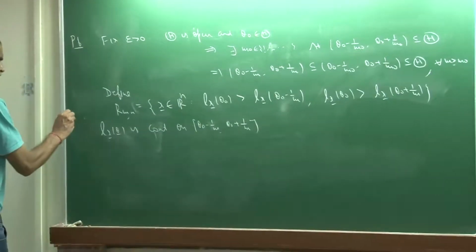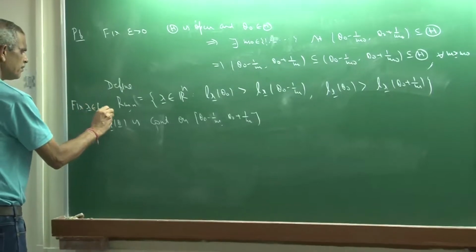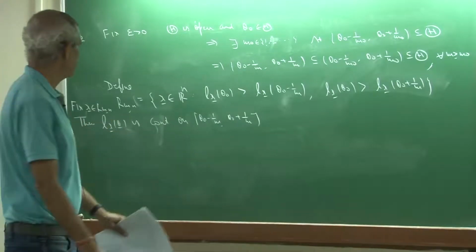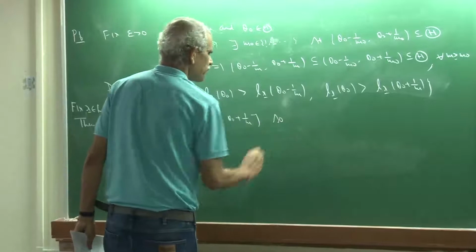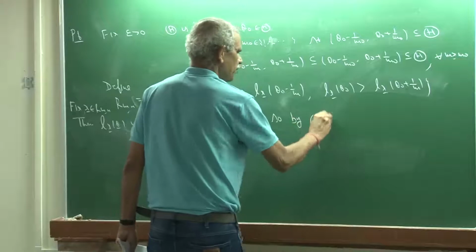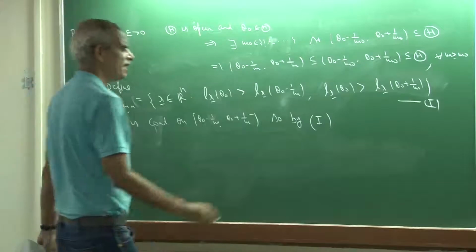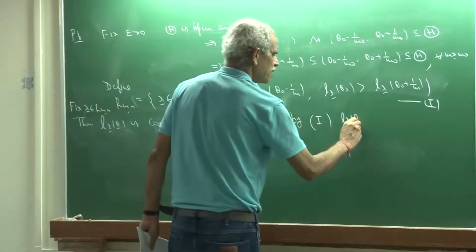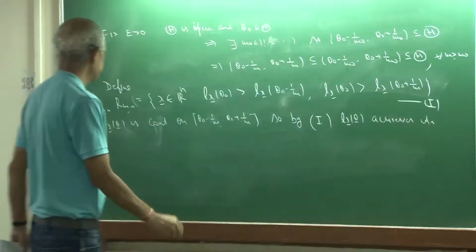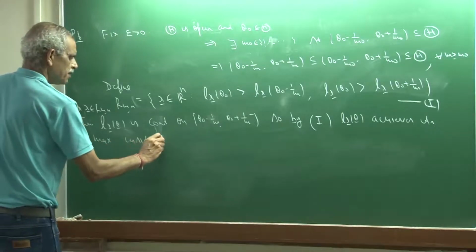So I fix x belonging to R mn. Then L x theta is continuous on this. So by virtue of 1, let me call this 1, L x theta achieves its maximum inside theta.